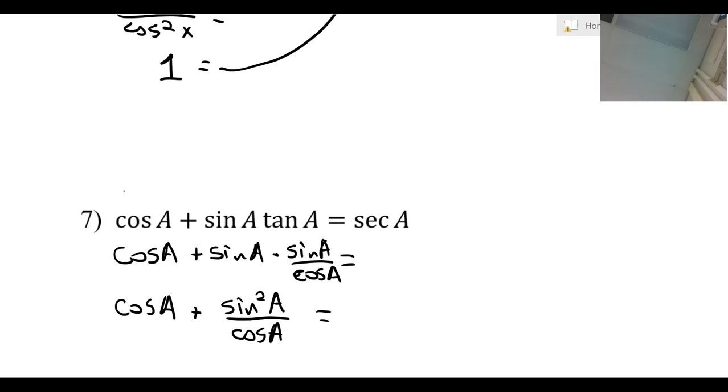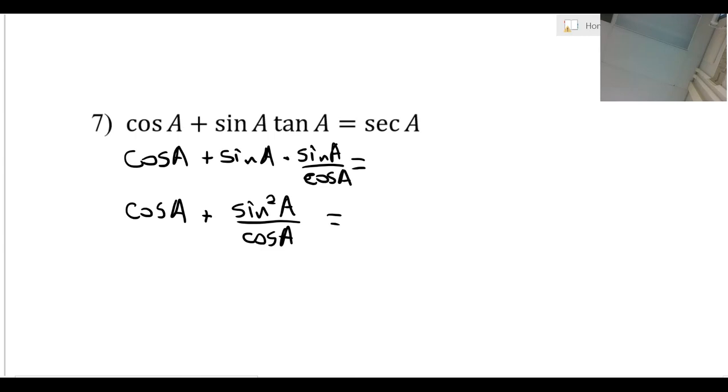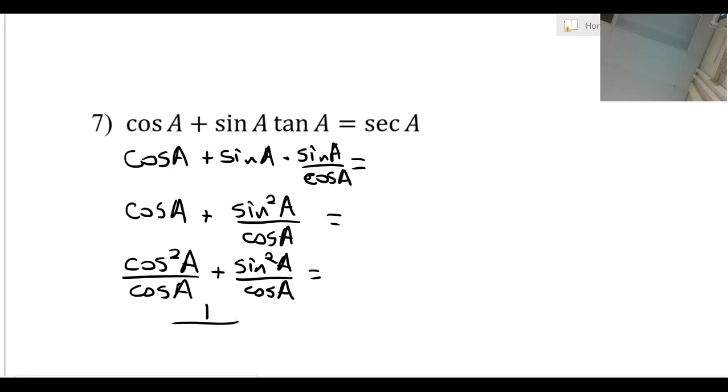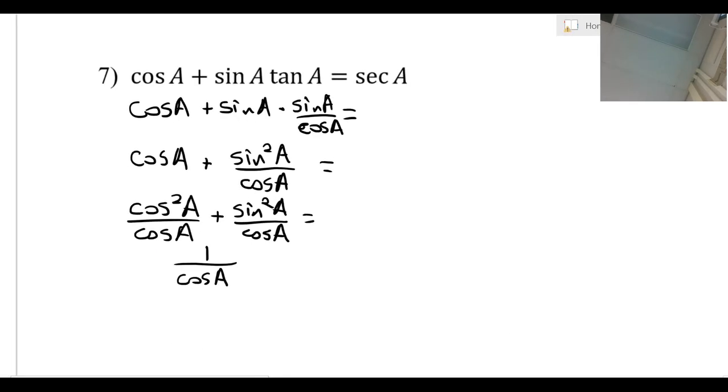So by adding them, I can combine them to a single term and see where we simplify. Now, to make them have common denominators, I have to multiply the top and the bottom by cosine. Now they match. I can combine them. It becomes cosine squared plus sine squared, which is 1, over cosine A. And then the reciprocal of cosine is secant A.